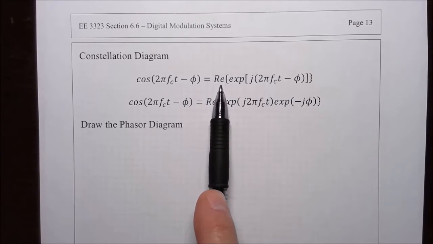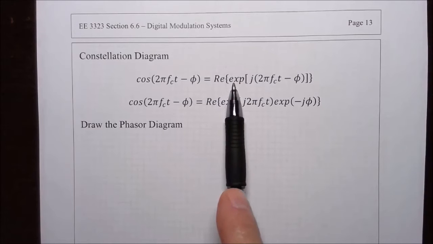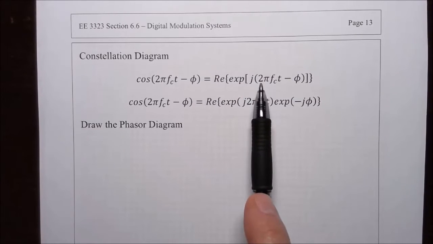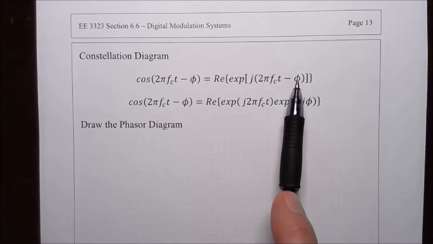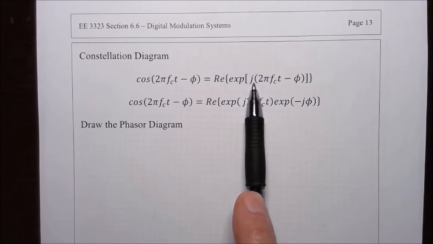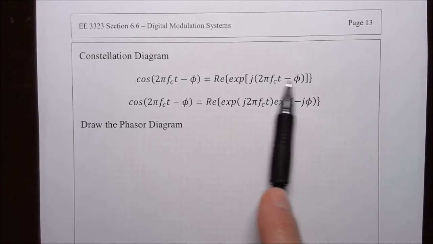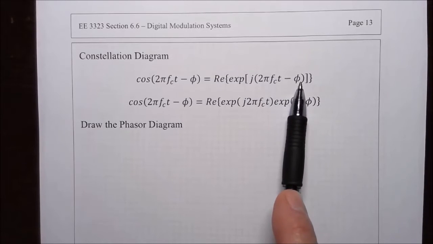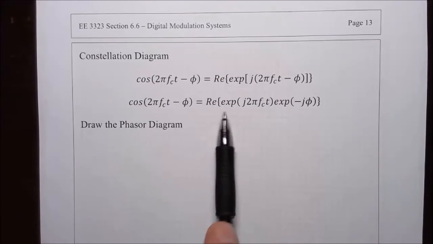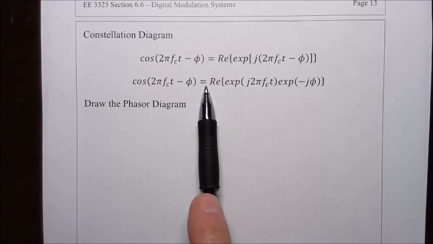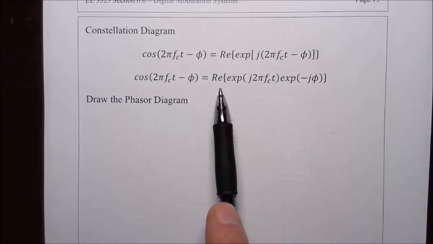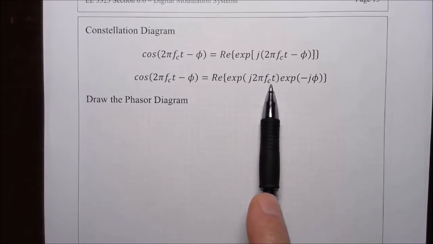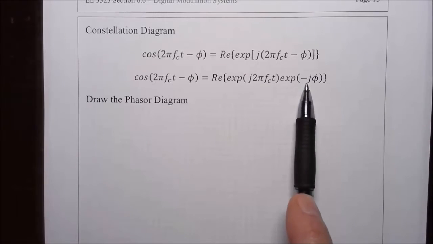We can express this as the real part of e to the power of j times 2 pi fct minus phi. Multiplying through the j, we have e to the j 2 pi fct minus j phi. Breaking this exponential into two terms, we can write this as the real part of e to the j 2 pi fct times e to the minus j phi.